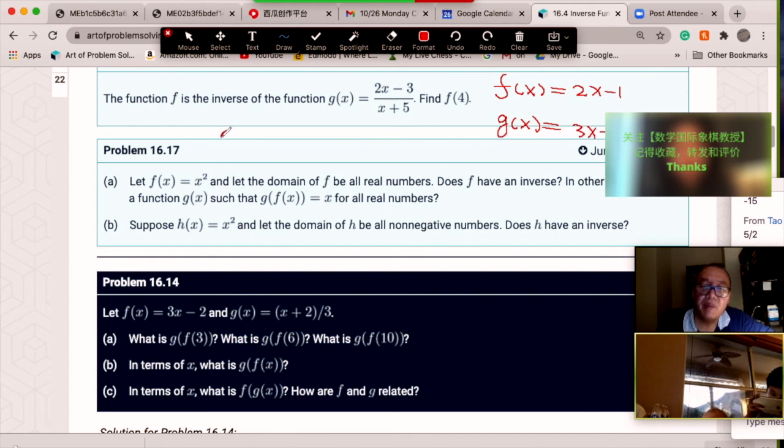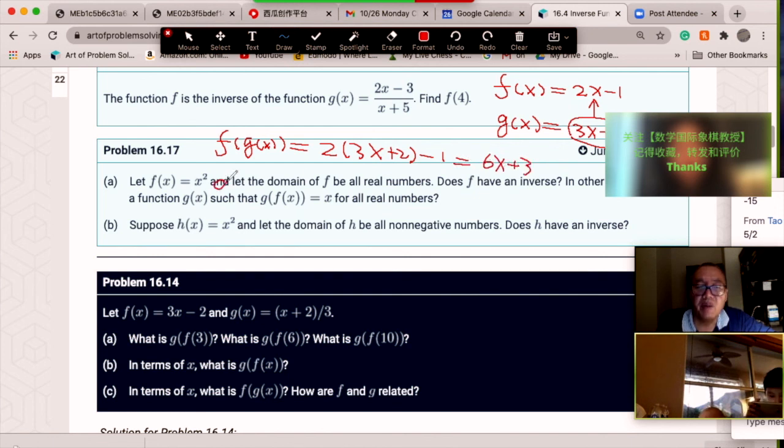Then if you combine this f with this g, do it this way. This one means g(x) is the variable of f(x). So that means you use 3x plus 2 to replace this x. Okay? So this way you get 2 times (3x plus 2), then minus 1. You simplify this, you get 6x plus 3.